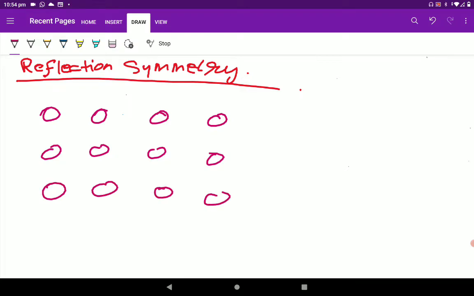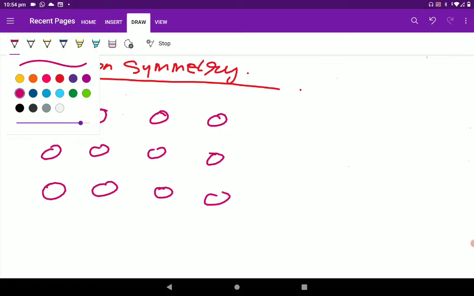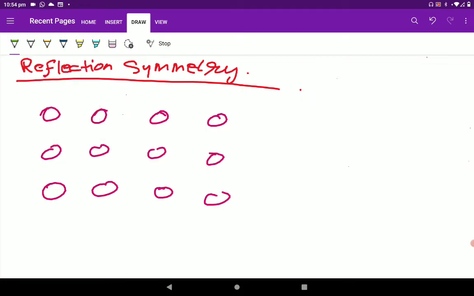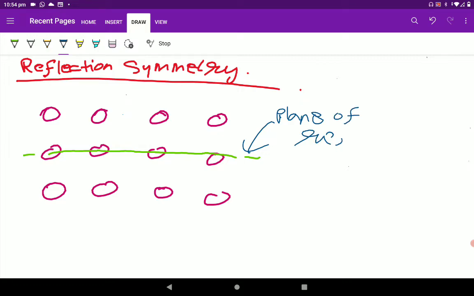The given arrangement is divided by a plane of reflection. We can treat this as a plane of reflection. Due to this symmetry also, there is no specific change in the crystal property.